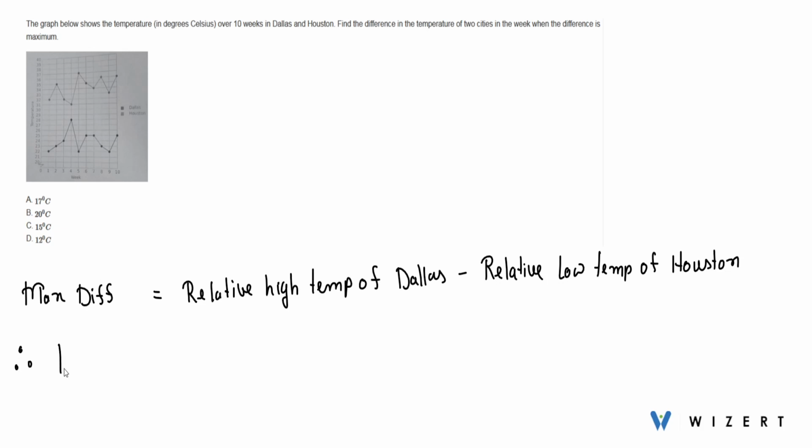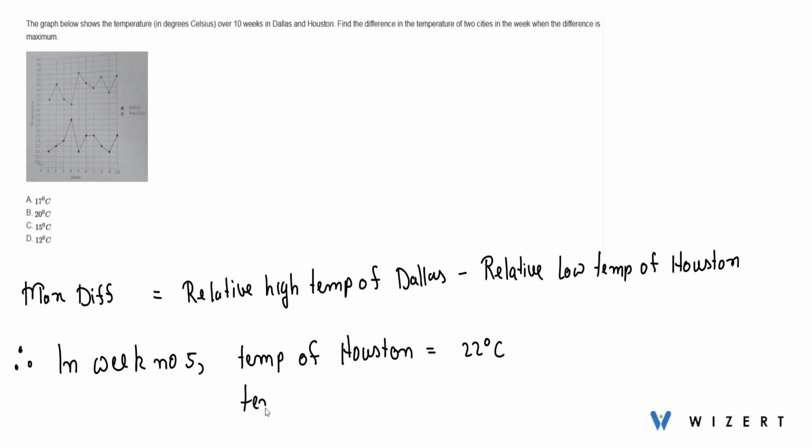And so in week number 5, temperature of Houston equals 22 degrees centigrade, which is its 10-week low, and temperature of Dallas is at its all-time high, which is 37 degrees centigrade.